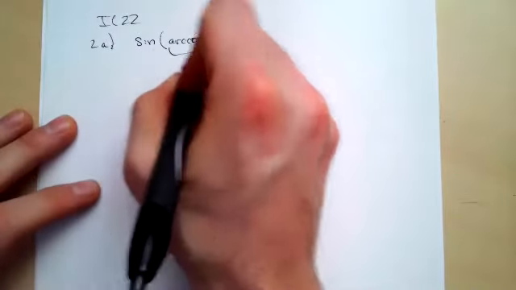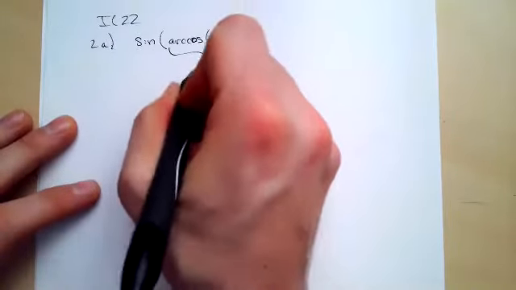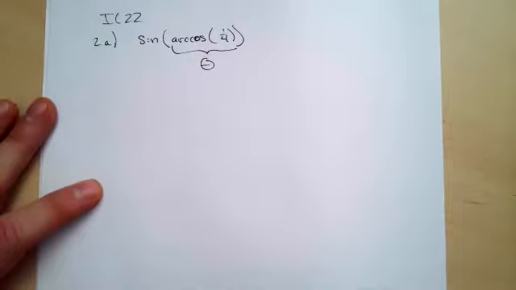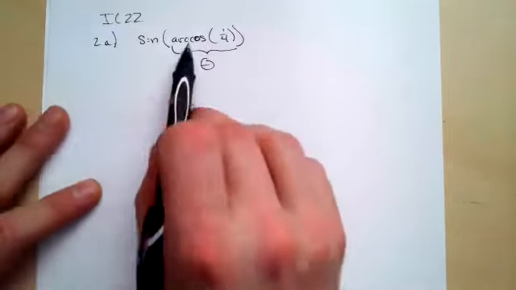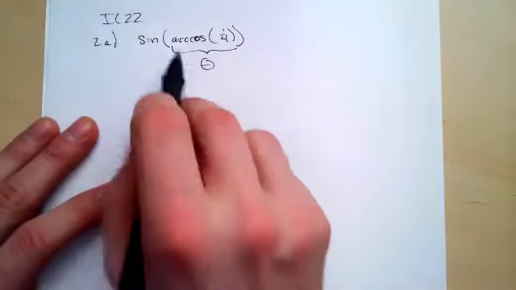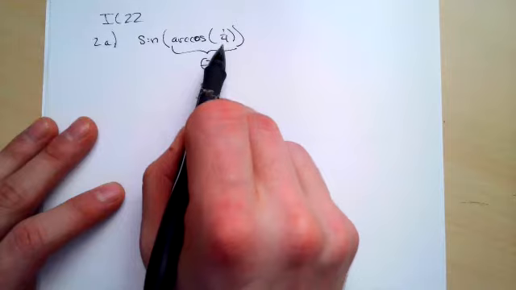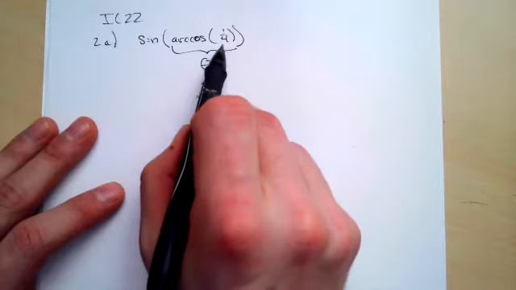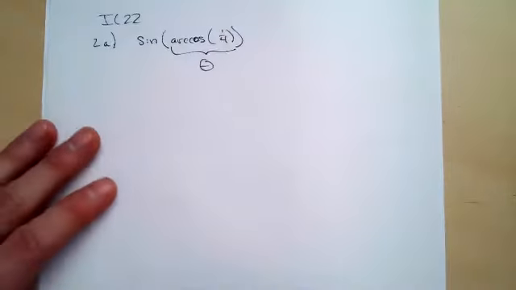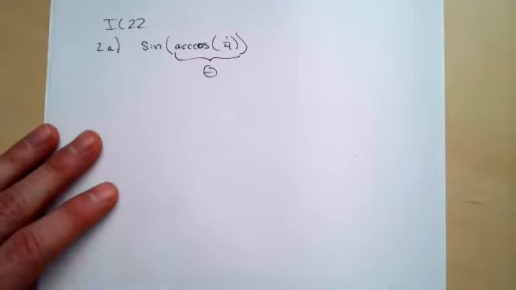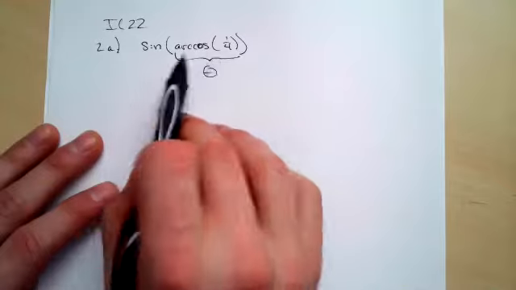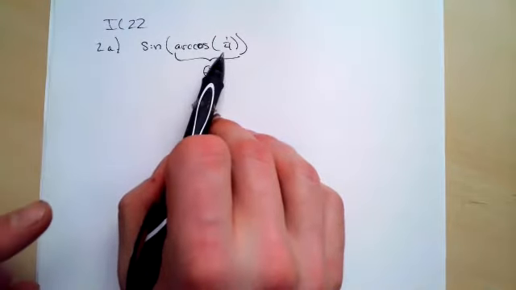Remember, arc cosine is an angle. And what do we want out of this angle? We need a positive cosine value of 1/4. So where is cosine positive? Quadrants 1 and 4. But because we have an inverse trig function, quadrant 1.